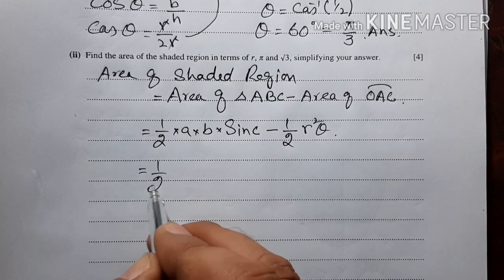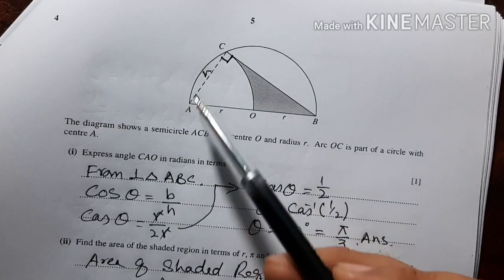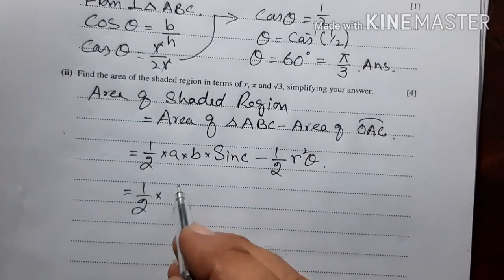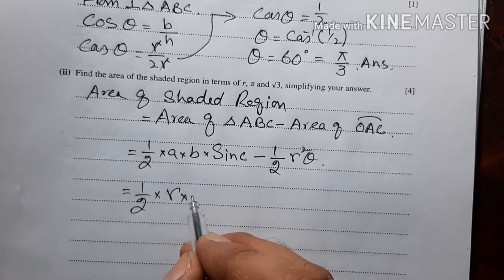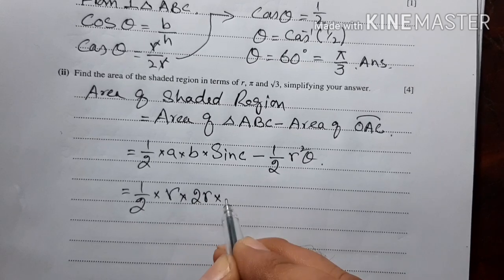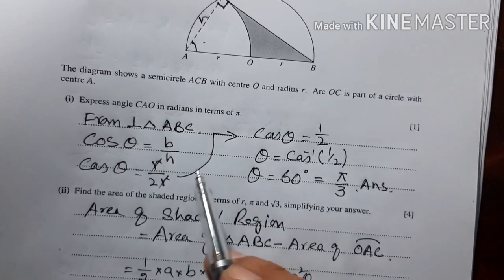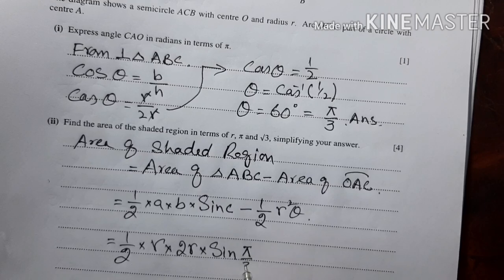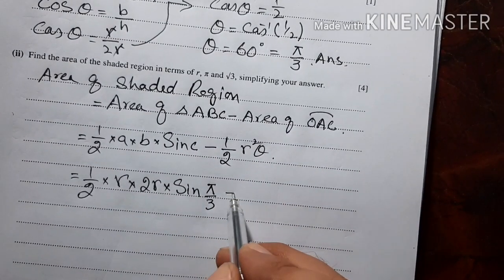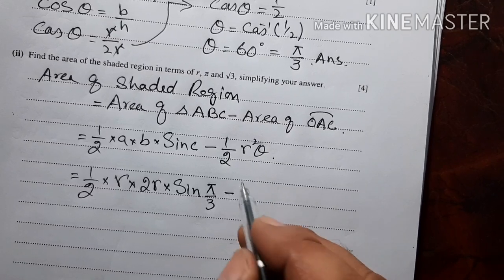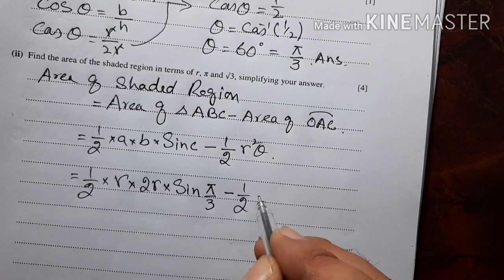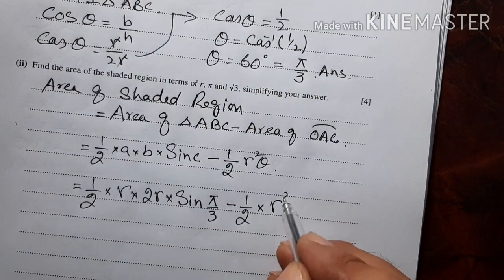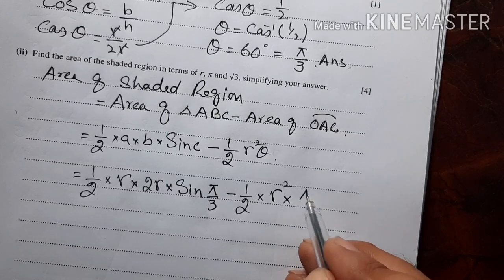Okay, 1/2, this is my A, one side, this is another side, and this is angle theta. So A is R, B is 2R, and sine this angle is actually pi/3. I will use this pi/3 minus area of sector 1/2 r square and theta is pi by 3.